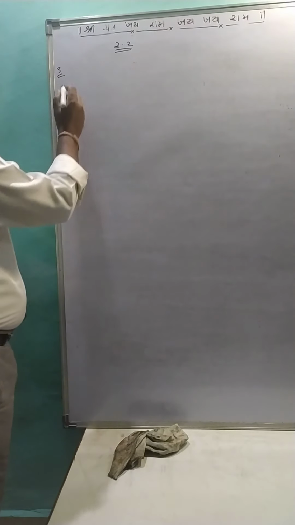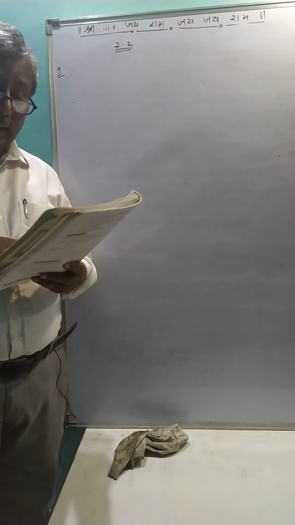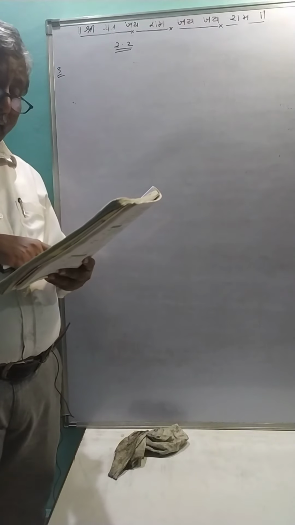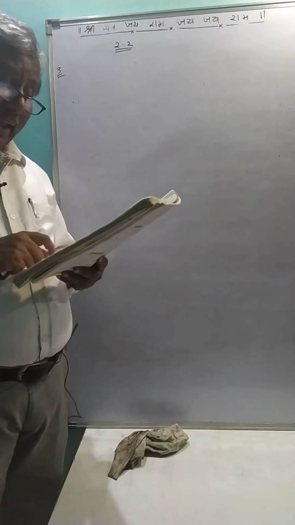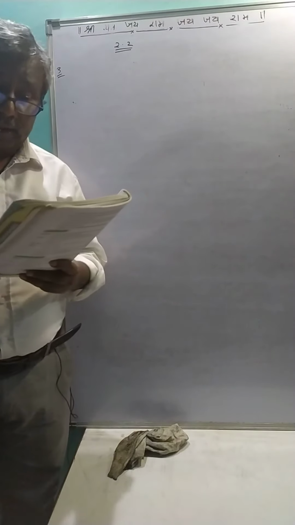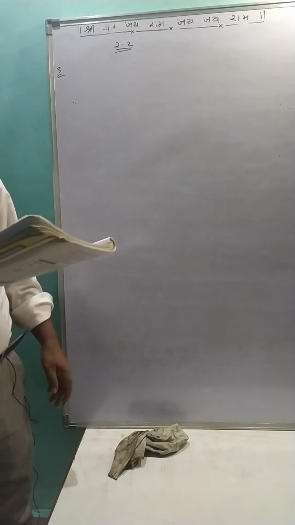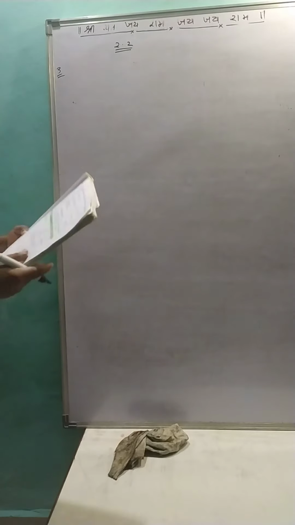Third one. In the figure 2.20, if angle A is congruent to angle B and angle X is congruent to angle Y, then prove that line L is parallel to line N. So first we draw the figure.